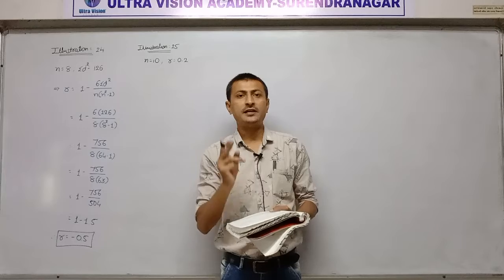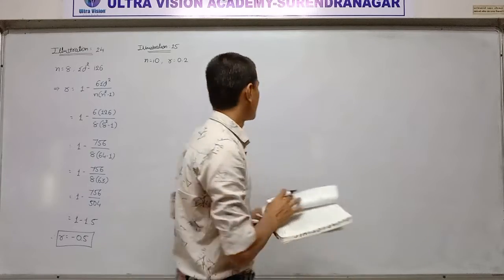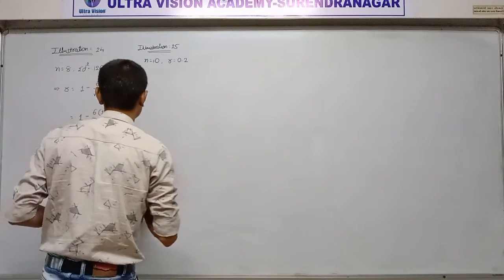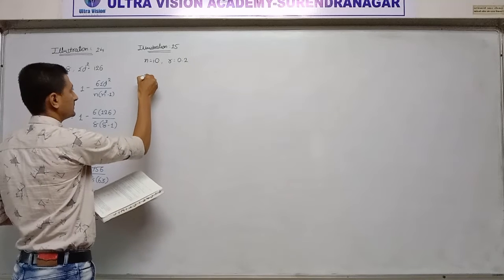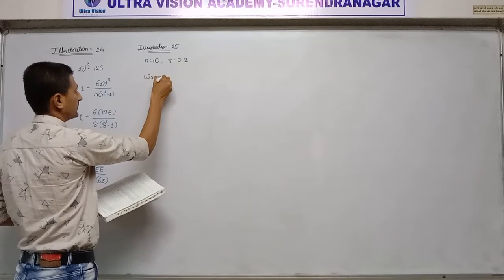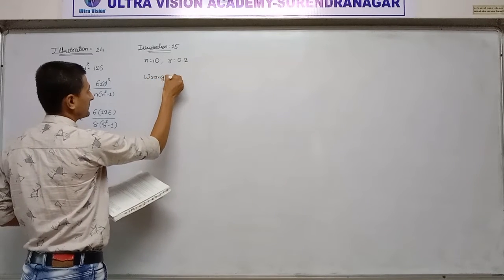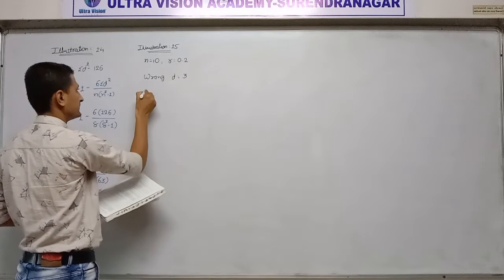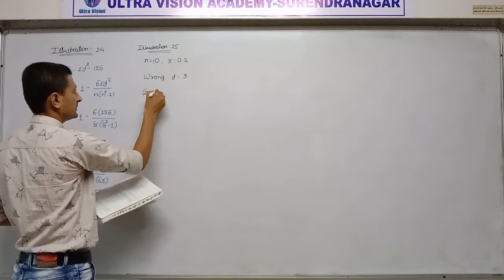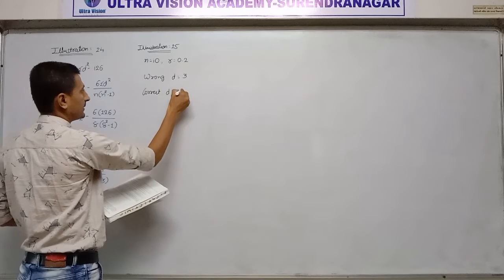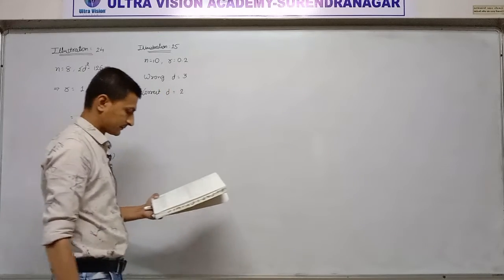So the correct d is 2 and the wrong d is 3. Write down: incorrect means wrong d is equal to 3 and correct d is equal to 2.